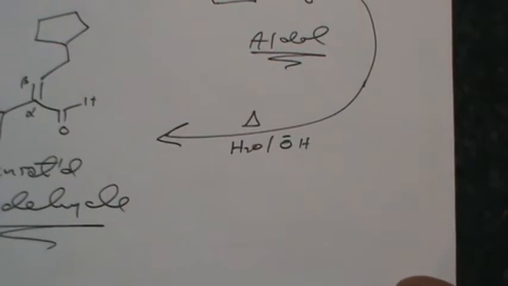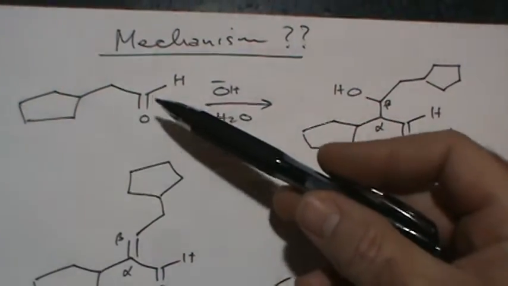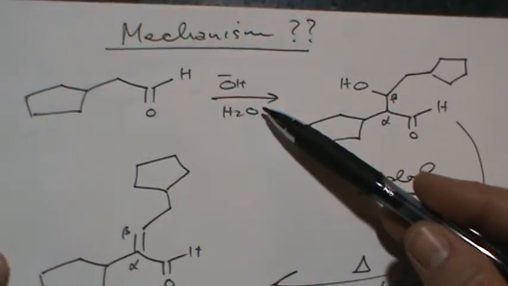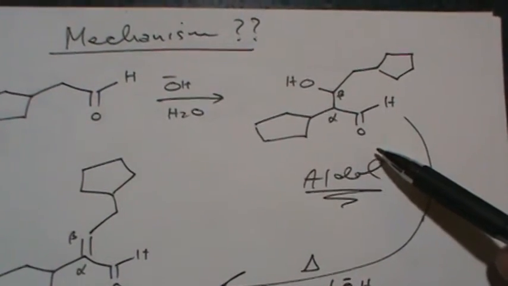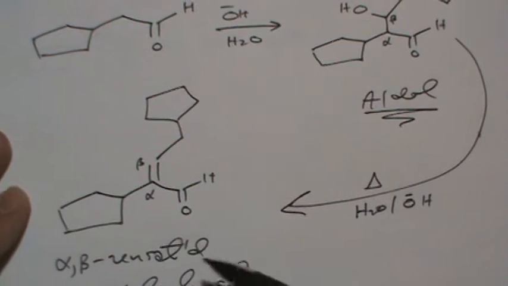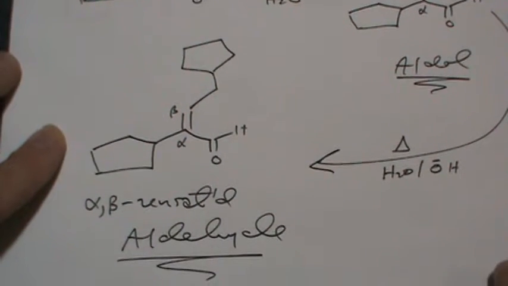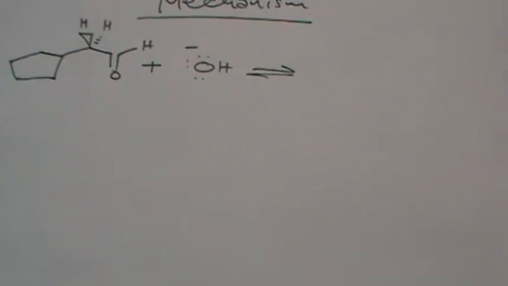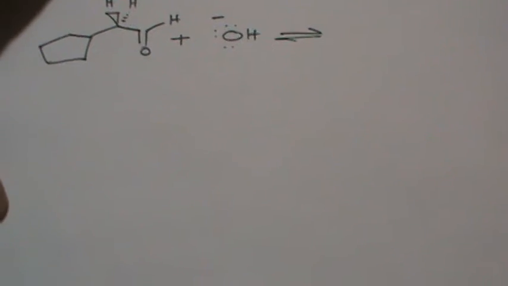Let's look at the mechanism. So we started with this aldehyde, we treated it with aqueous base condition, and we produced the corresponding aldol. And then, under more forceful conditions, but otherwise the same, H2O, OH minus, we made this alpha-beta unsaturated aldehyde. Okay, let's study the mechanism.